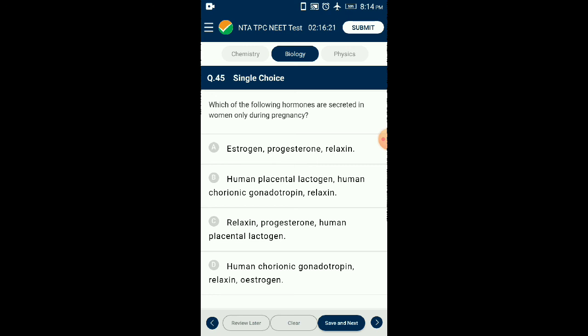Implantation is followed by the appearance of finger-like projections on the trophoblast called chorionic villi, which are surrounded by the tissue and maternal blood. So the answer for this question is option B. Human placental lactogen, human chorionic gonadotropin, and relaxin are the hormones secreted in humans only during pregnancy.